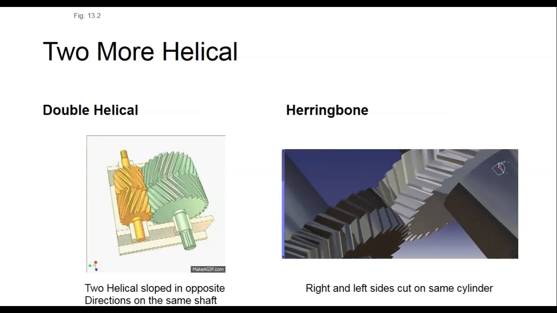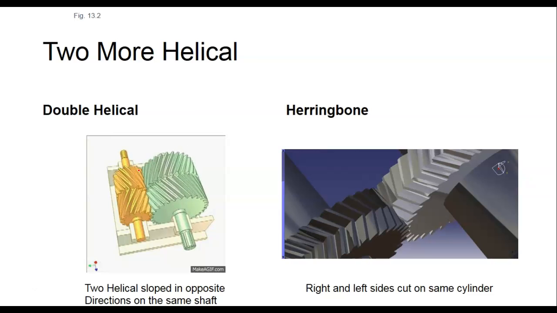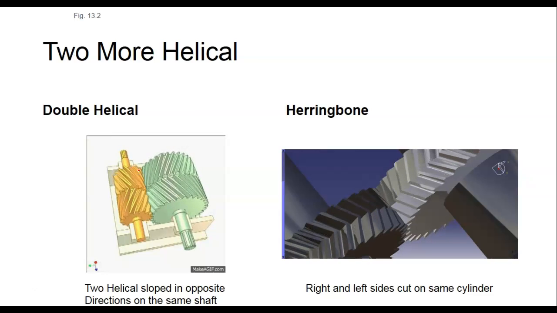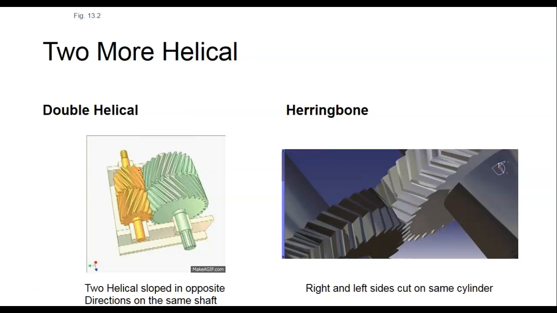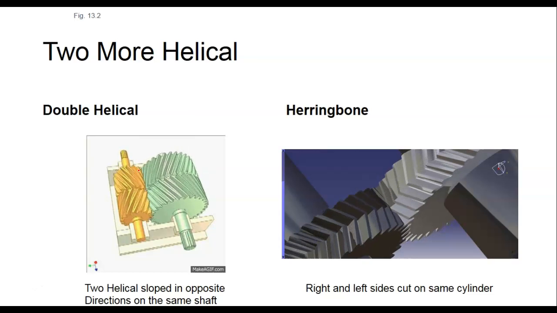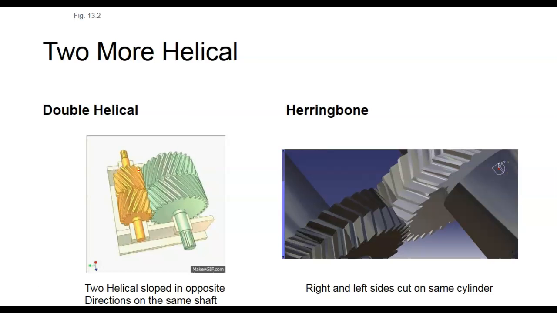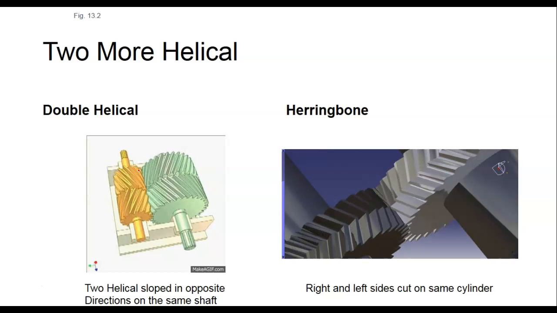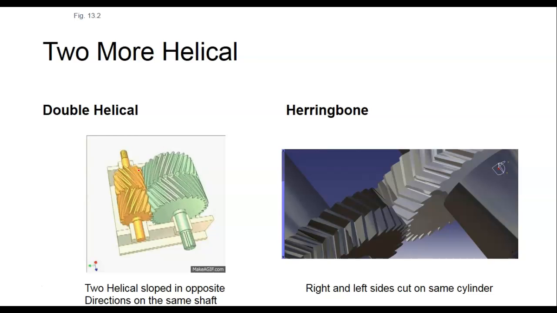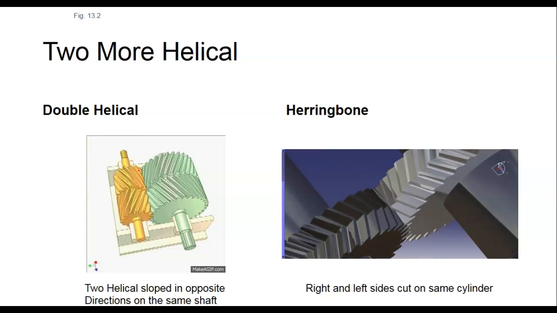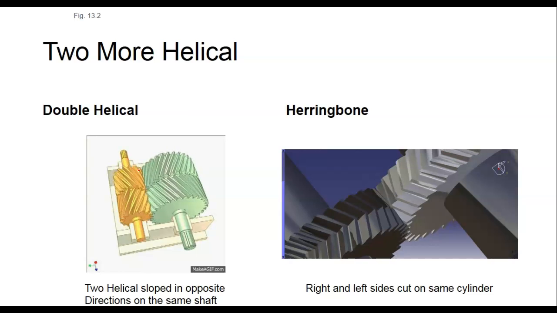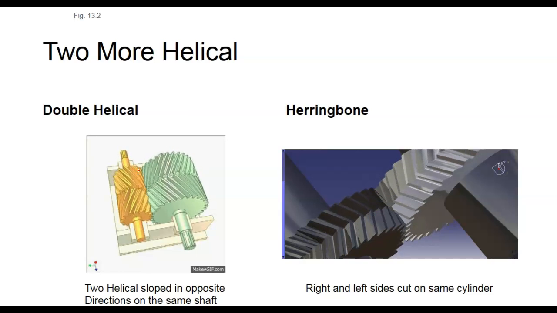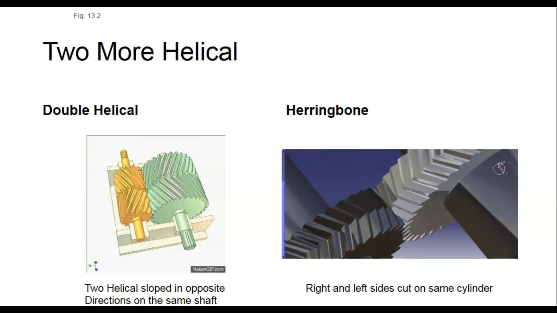So they came up with what they call a double helix, where you notice the slots in the gears are actually opposite of each other. And so you still get the surface area, you still get the nice transfer of torque, but this basically eliminates the axial load, A-X-I-A-L.